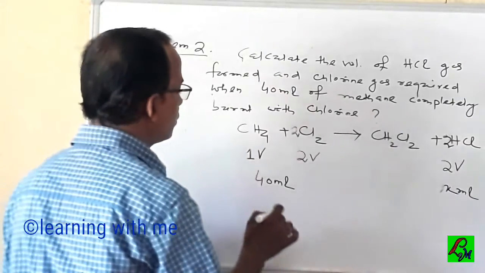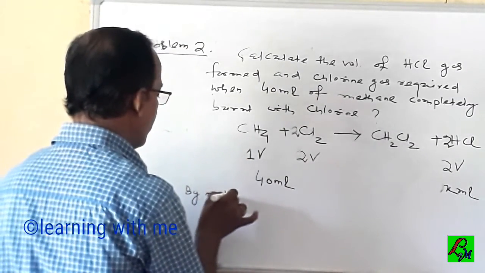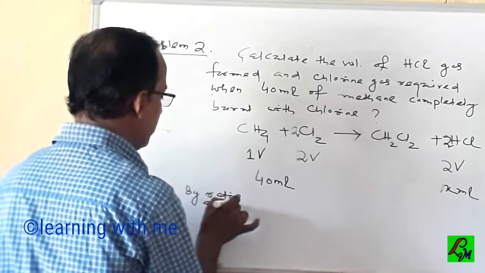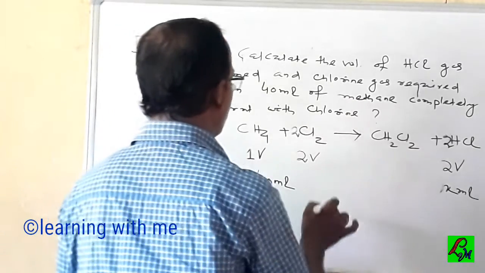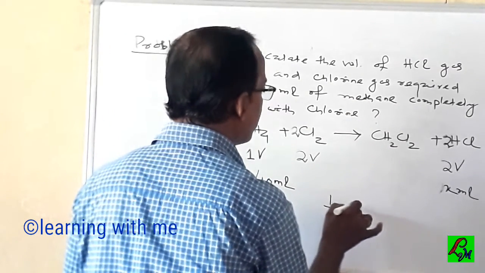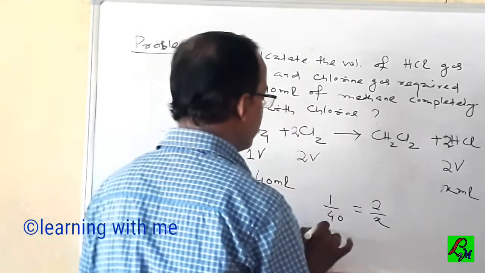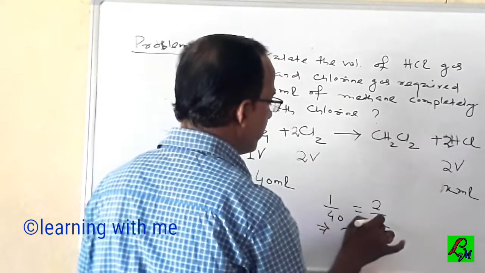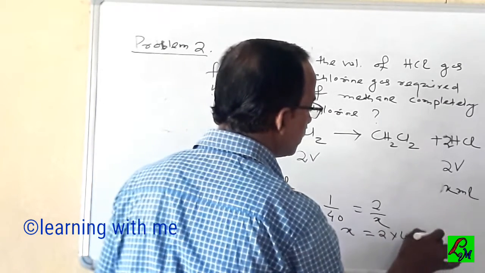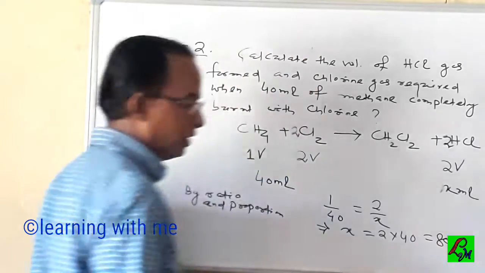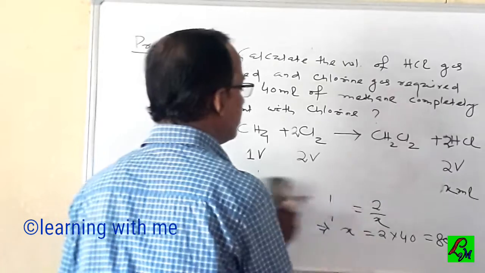By ratio and proportion method, 1 by 40 equal to 2 by x. By cross multiplication, x into 1 equal to 2 into 40, so it would produce 80 ml of hydrochloric acid.